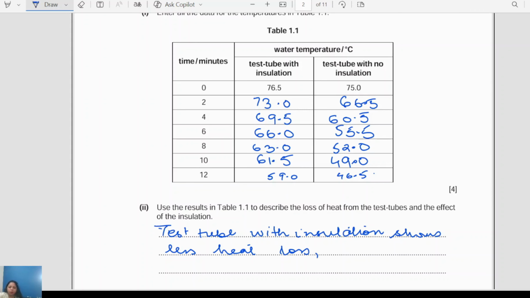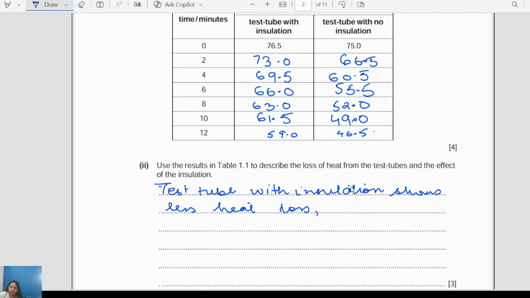The insulation prevents excessive heat loss. This is point number two. What is point number three? There is a very important point.